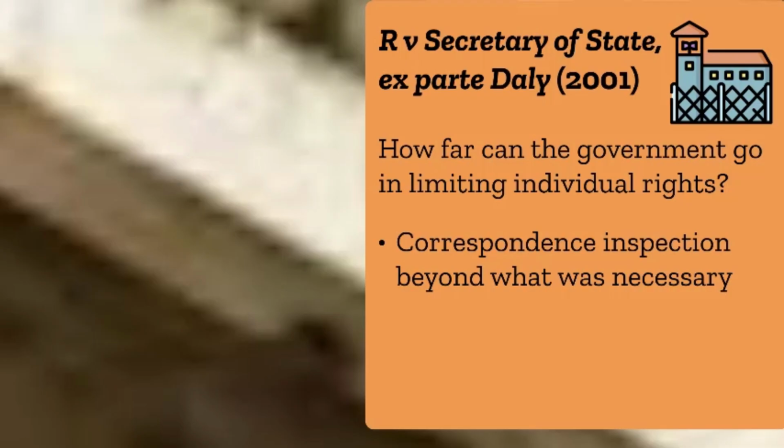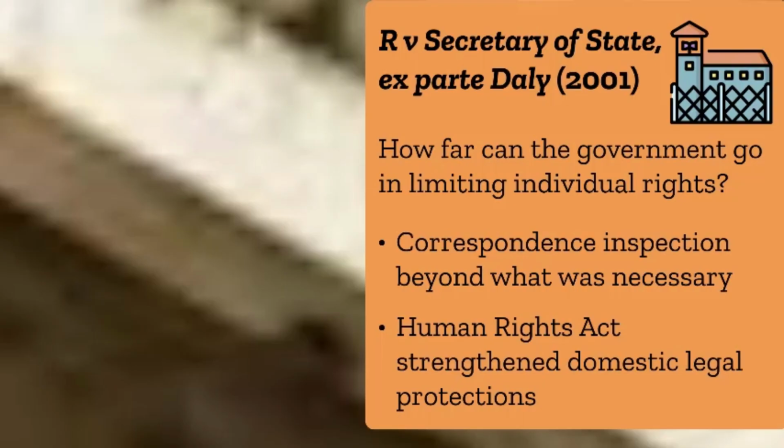It went against principles of human rights, that he had a right to a private family life. And whilst there might be instances where it's necessary to read correspondence if he's colluding with people on the outside and things like that, if it's just his personal correspondence with his family, then that goes far beyond what is necessary.